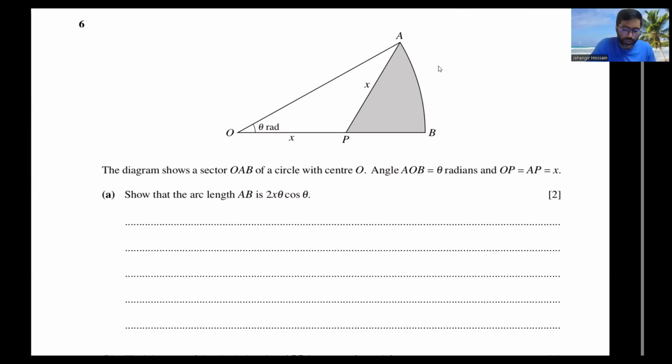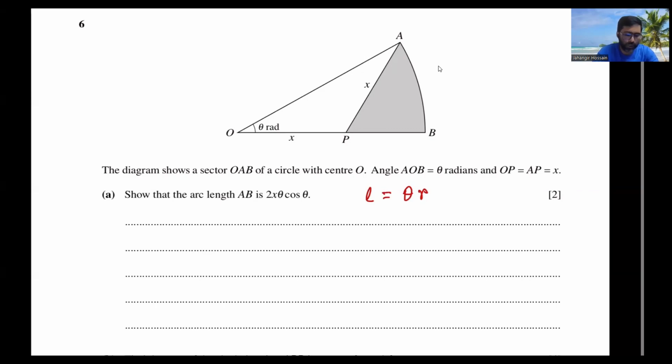Now, to find the arc length, remember arc length is theta r, right? Arc length equal to theta into r, where theta is measured in radians. And here in this sector, the radius is OA or OB, which is unknown here. You only know OP and AP, both of them equal to x.